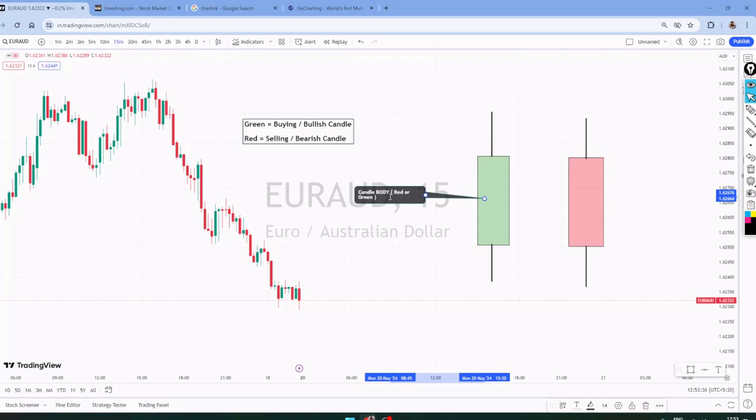Green color means buy, red color means sell. This rectangle portion is the candle body, whereas this stick portion, a kind of line, is called the candle wick. You can call this a wick, or a shadow, or a tail.